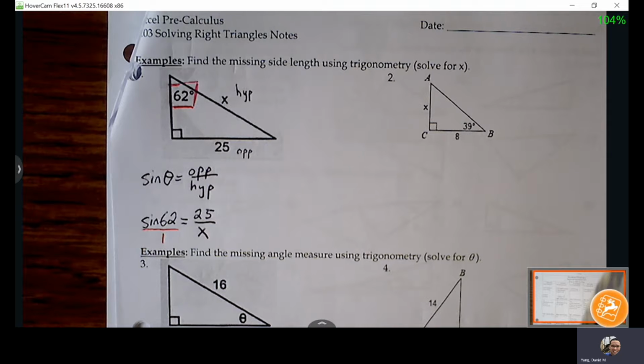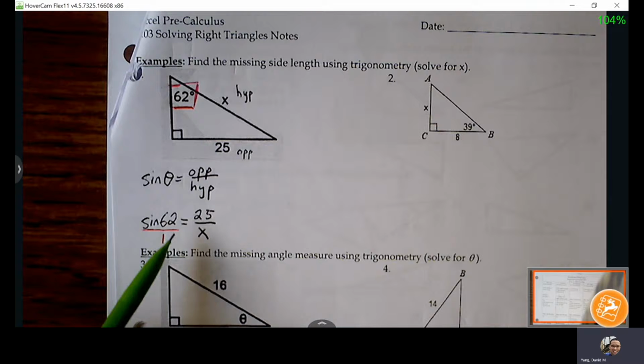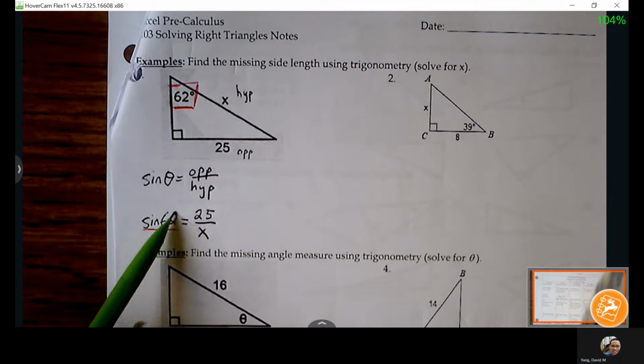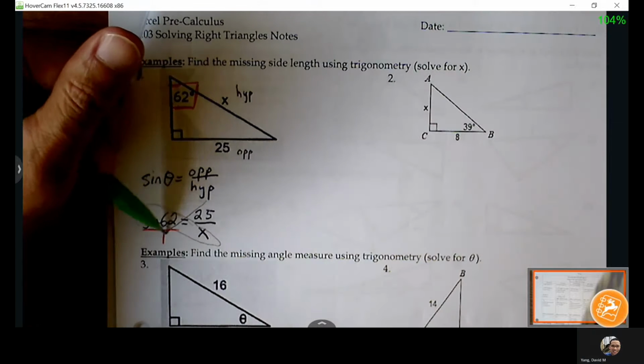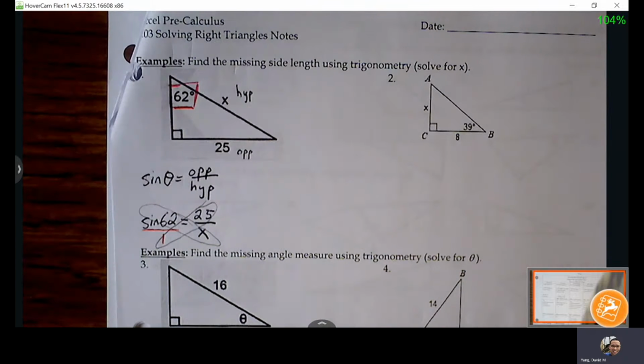Now I can solve for x by doing cross product, pairing the diagonals together. Make sure we understand that x is outside the sine of 62. So we will say x sine 62 equals 25.